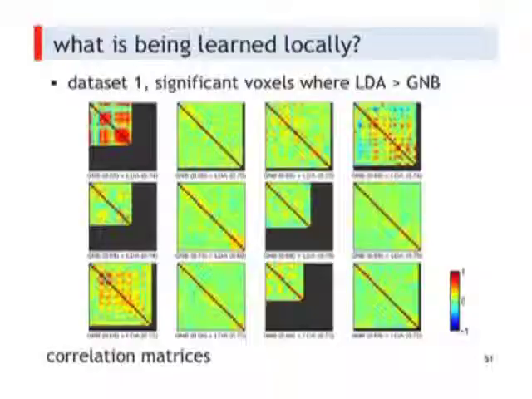So what I was also concerned with was trying to say, if there is some sort of interesting structure happening locally, and going back to dataset number 1, i.e. in places where learning a covariance matrix actually gives you more accuracy than just aggregating over voxels in a searchlight, you can ask what is being learned. You can say, for every searchlight, what's the covariance matrix that LDA with shrinkage is learning?